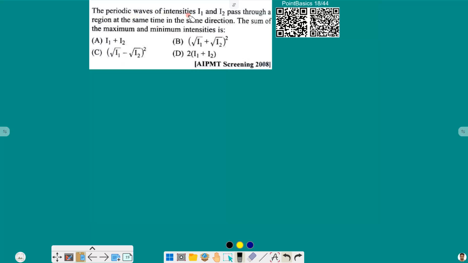The periodic waves of intensity I1 and I2 pass through the region at the same time in the same direction. The sum of maximum and minimum intensities is? So we know that I max is equal to under root of I1 plus under root of I2 square, and I minimum is equal to under root I1 minus under root I2 square.